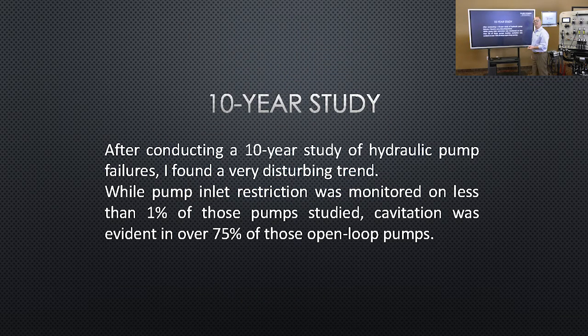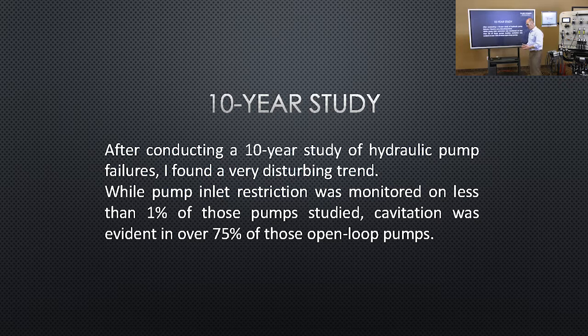I conducted a 10-year study of hydraulic pump failures, and I found a very disturbing trend. While pump inlet restriction was monitored on less than 1% of those pumps, cavitation was evident in 75% of those pumps that I disassembled.